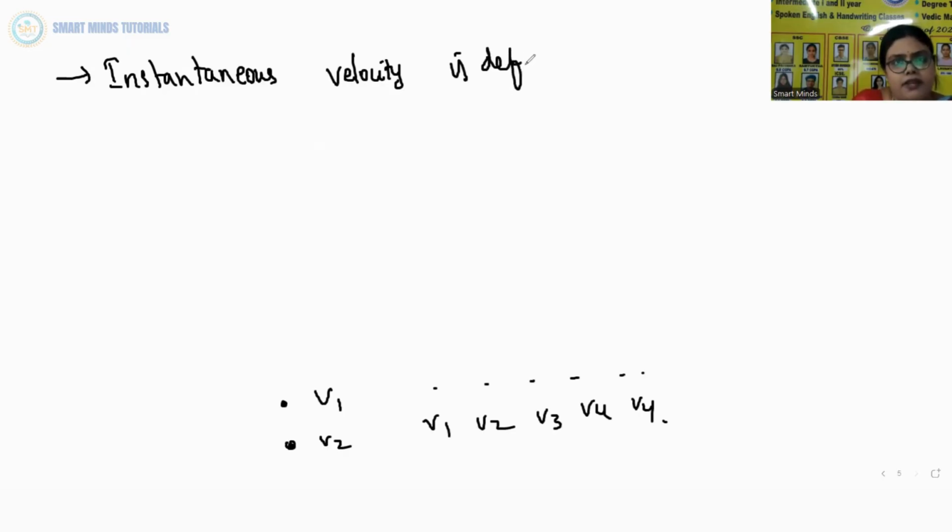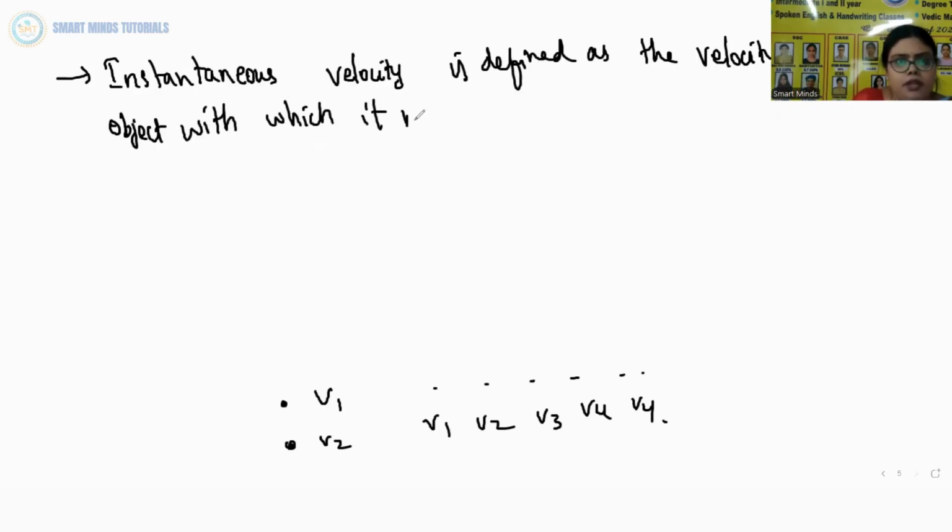It is defined as the velocity of an object with which it moves at different instants of time.